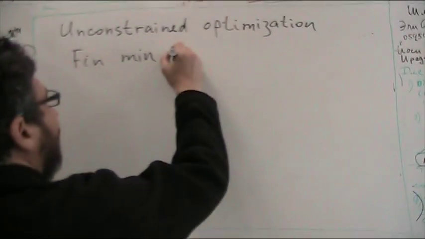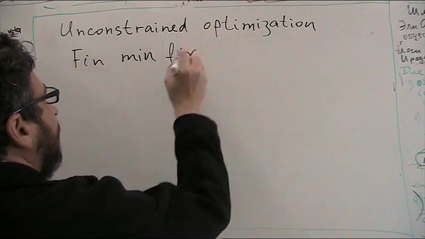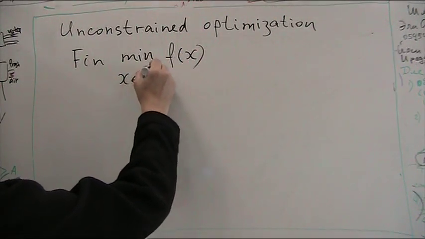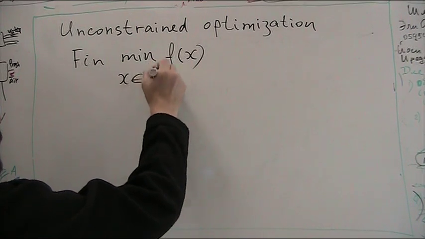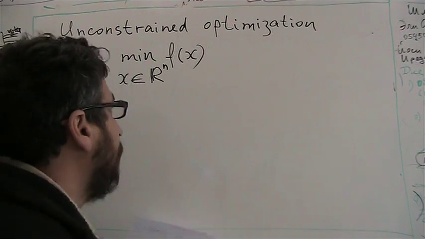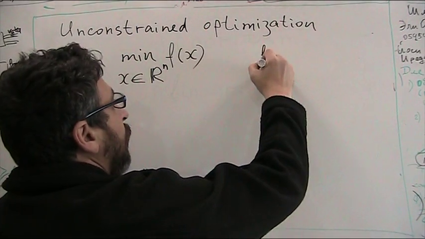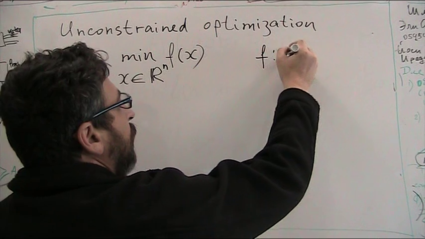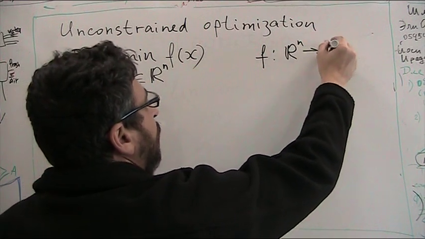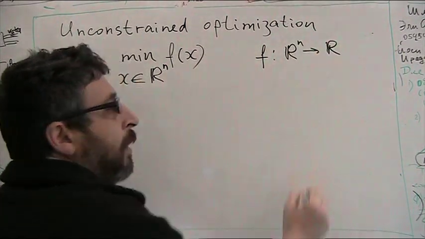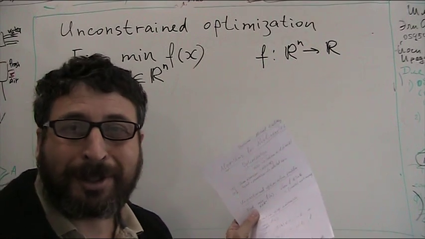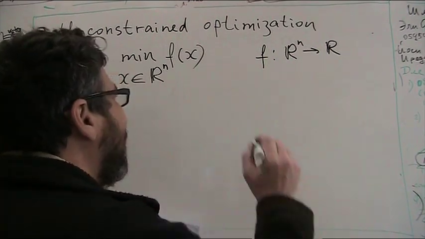Minimum f of x such that x is an n-dimensional vector in Rn. So f is a function from Rn to R, and we will consider optimization of only continuous functions.